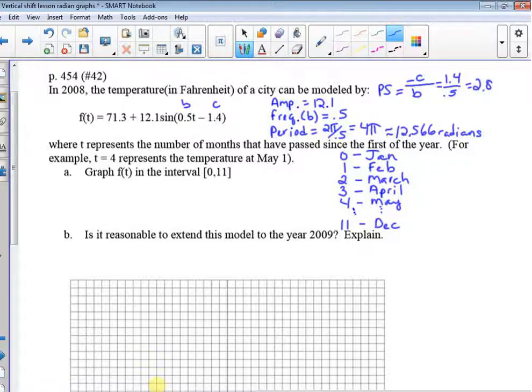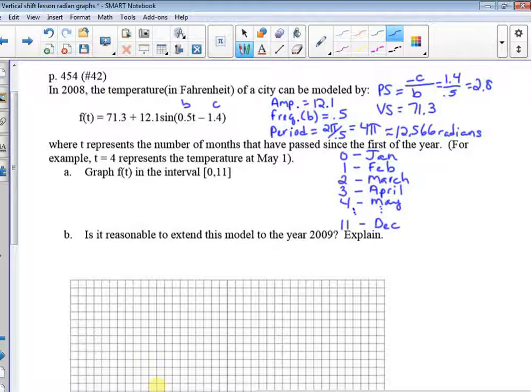So we'd be starting at 2.8. That's kind of tricky to graph, that decimal. And let's see, what else? Our vertical shift, VS, is 71.3.